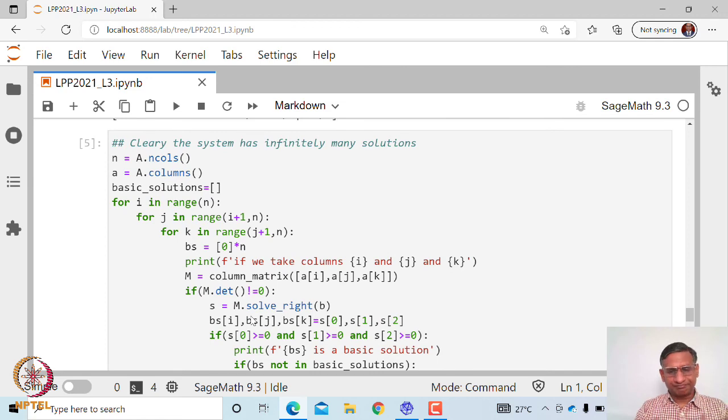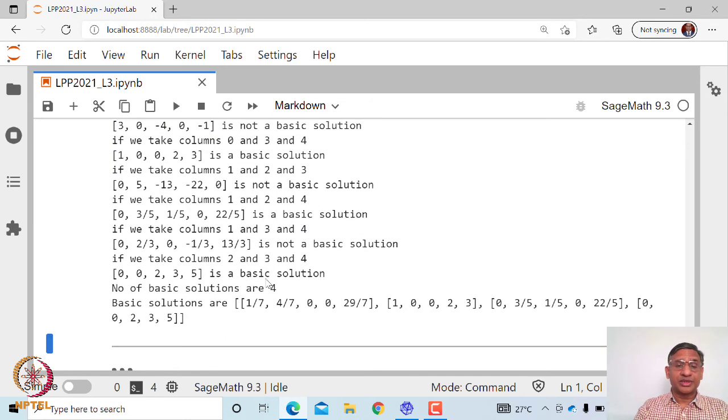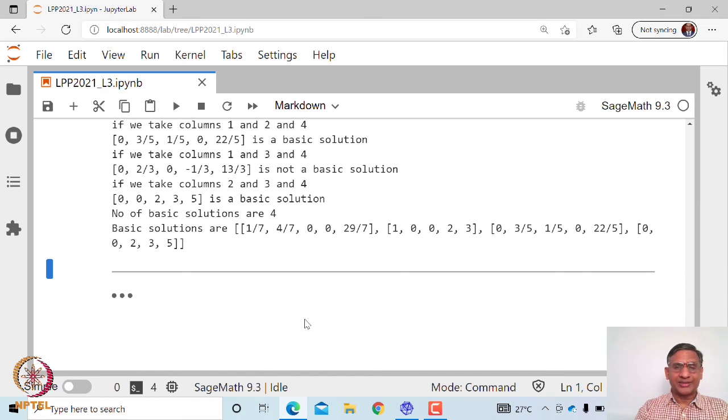Of course, if you have a larger matrix, there will be many basic feasible solutions. In fact, if m is very large and so is n, the number of basic feasible solutions could be as many as n choose m, which is quite large. So it is practically impossible to find all basic feasible solutions.